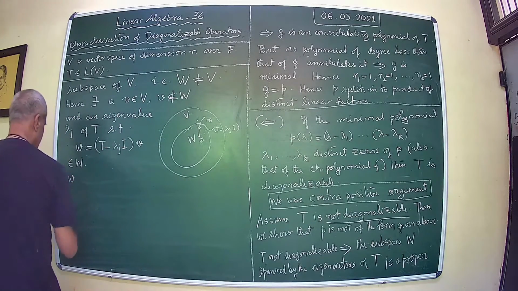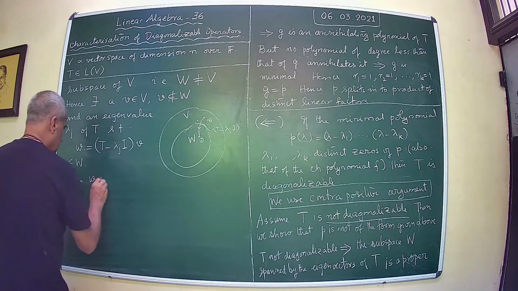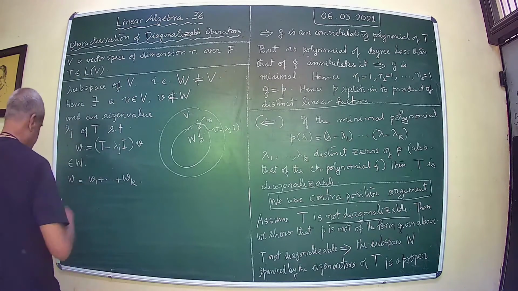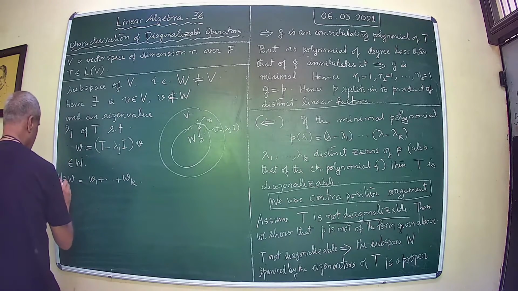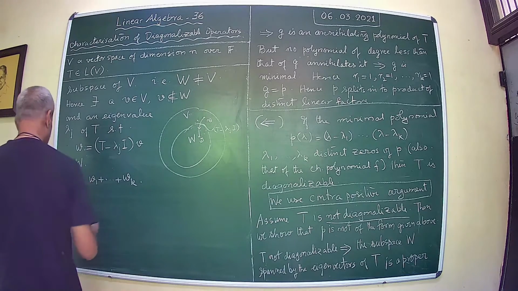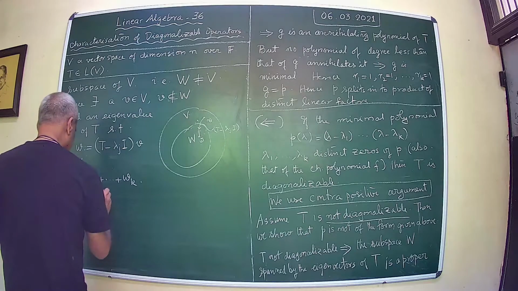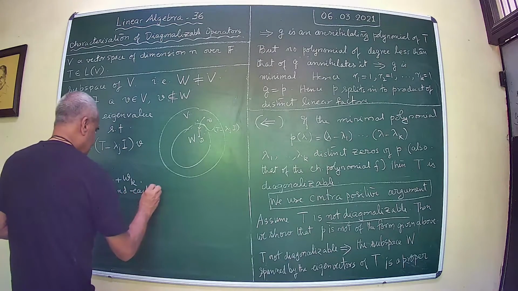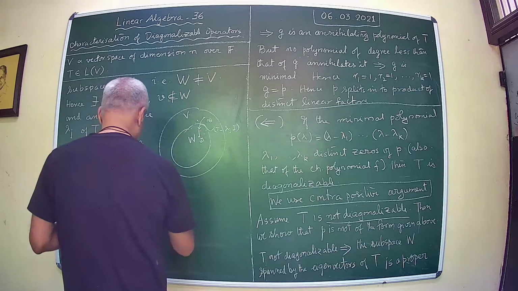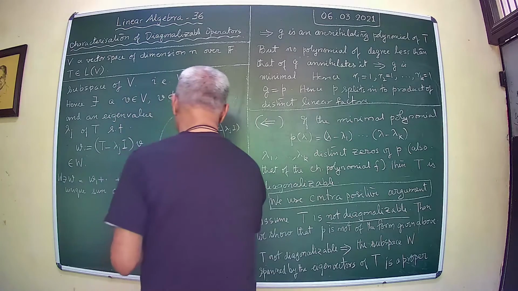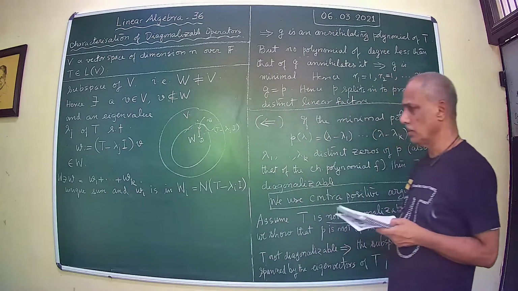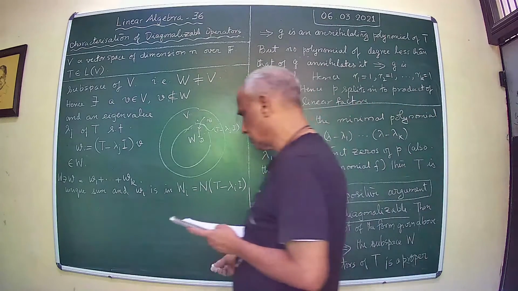Now W is essentially, it's a unique breakup of W because W belongs to W. It's a unique, and this is true for 1.